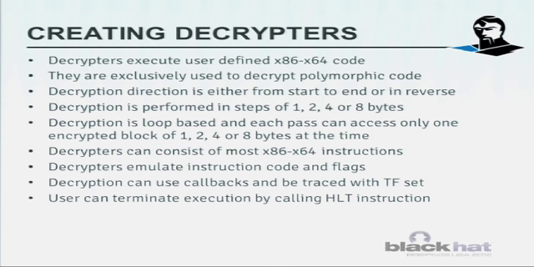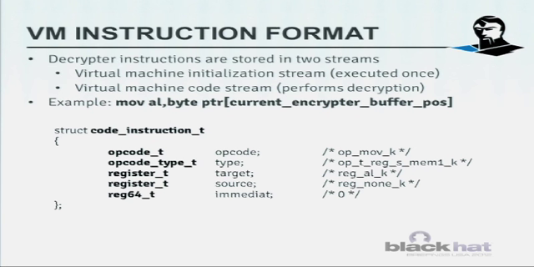The decrypting virtual machine is a virtual machine you program with structures, and it can consist of both x86 and x64 code. So how does this code look? We have one element right there. Let's say I want to emulate the instruction mov AL, byte ptr [current encrypted byte I'm decrypting]. That's the instruction I want to create, and that's the structure you have to fill in.